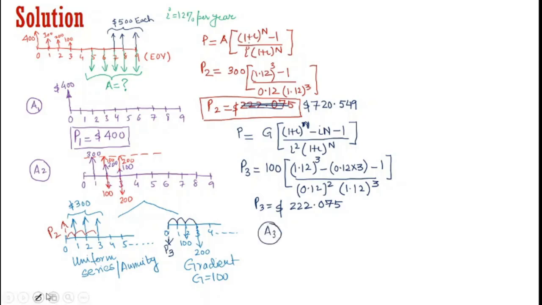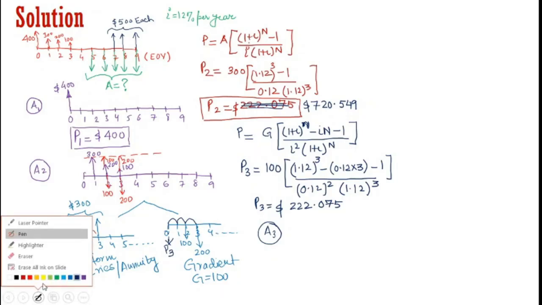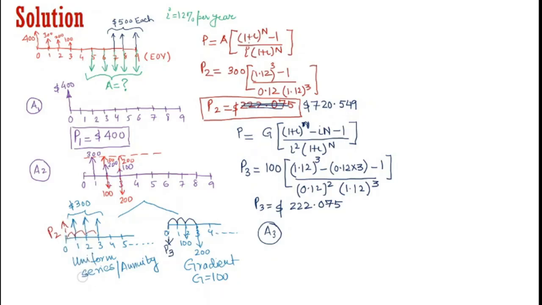Let me use a different color. So A3: 0, 1, 2, 3, 4, 5, 6. We have 3 transactions of $500 each.